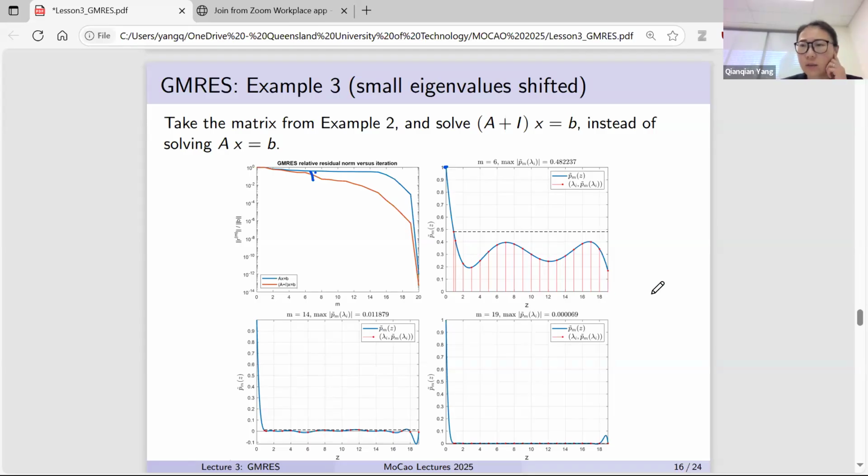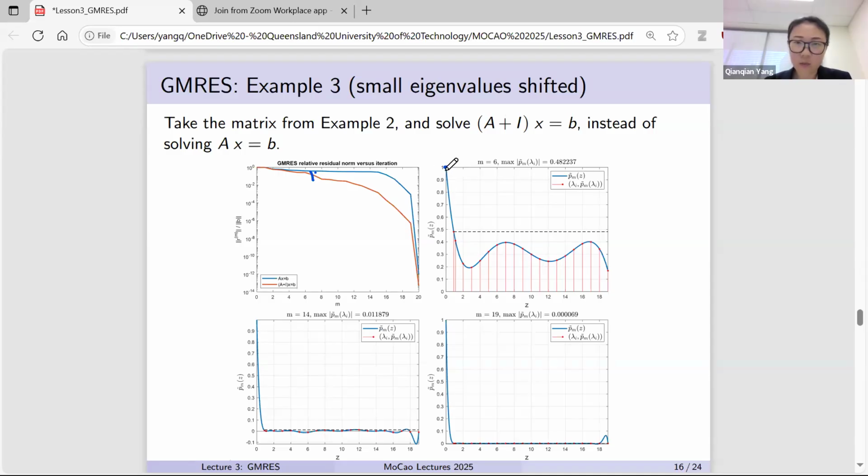So what we learned from here: for a problem like this, if I have a matrix like this one, then all my eigenvalues are positive. I don't have those small eigenvalues hanging around on either side of the origin.